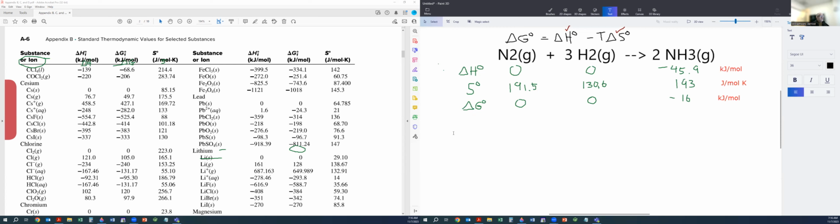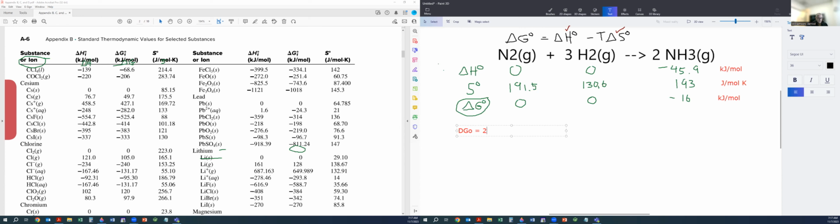So first I'm going to calculate the Gibbs free energy of this reaction just using the delta G values first. And I'm going to type it. Delta G standard conditions is equal to, now it's going to be the products minus the reactants.